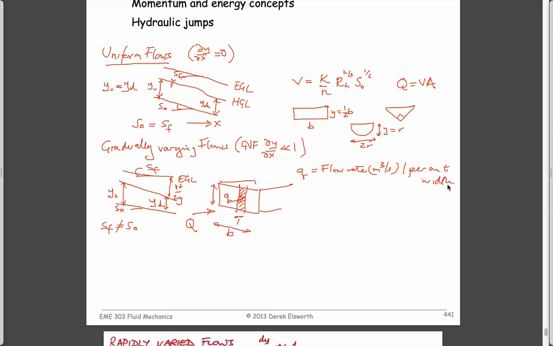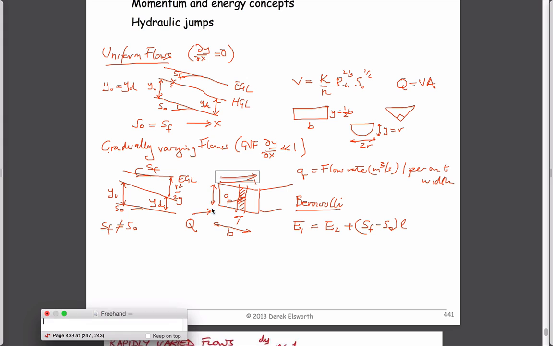Bad writing on my chart, but that's the same. If we do that, then what we spent last time doing was rewriting Bernoulli's equation, and we write it as the upstream energy is equal to the downstream energy plus the difference between the slope of the energy grade line minus the slope of the bed, multiplied by the length over which that occurs.